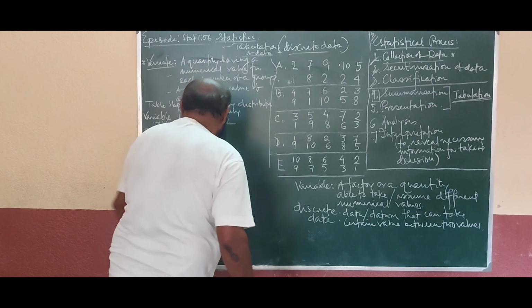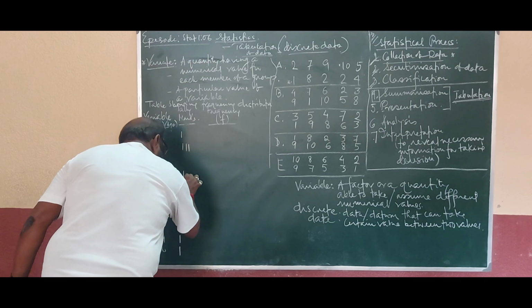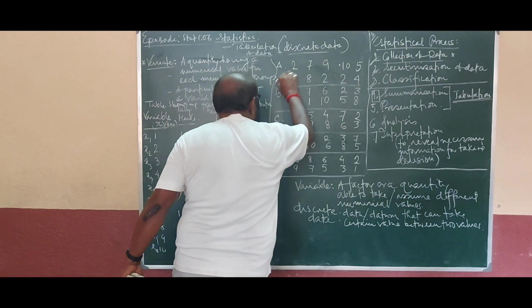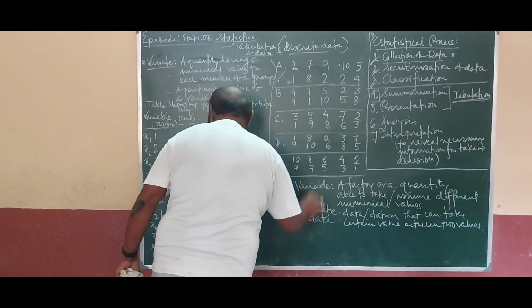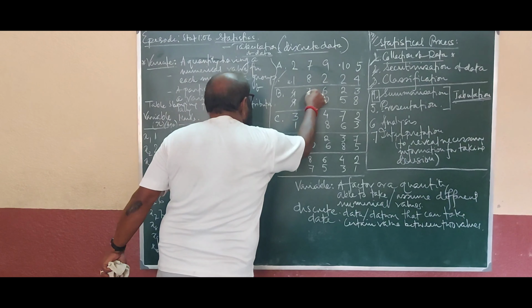And 5, 4, so it is 5 and 4. Clear? So this part is gone. Next 4, 9. Clear? Gone. 7, 1. Okay? It is also gone.